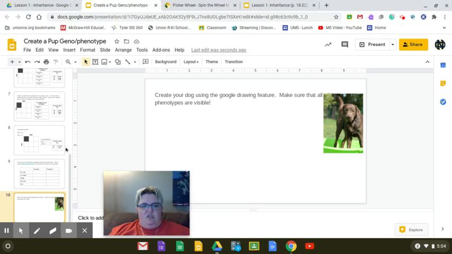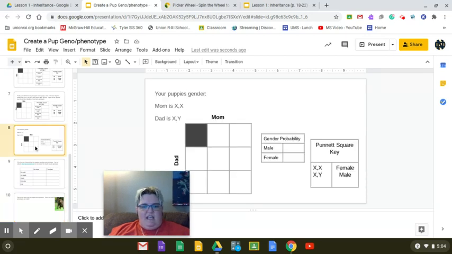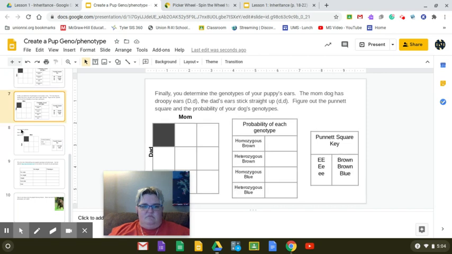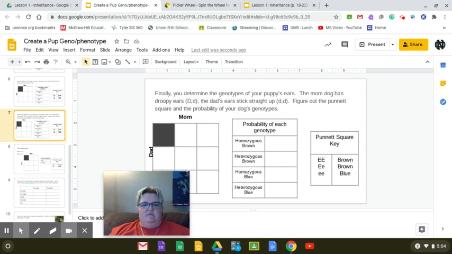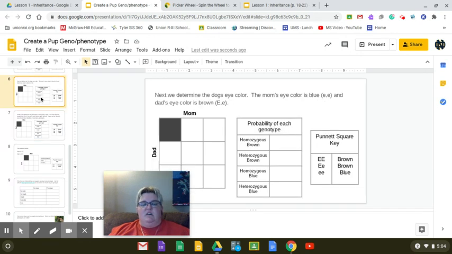So you just need to make sure that you have all traits on there. You do not need to represent the boy or the girl, okay? But all of the rest of them you do. So puppy's ears, and if you can find one picture with all of them, great. If you can't, then just tell me which picture is for which, okay?